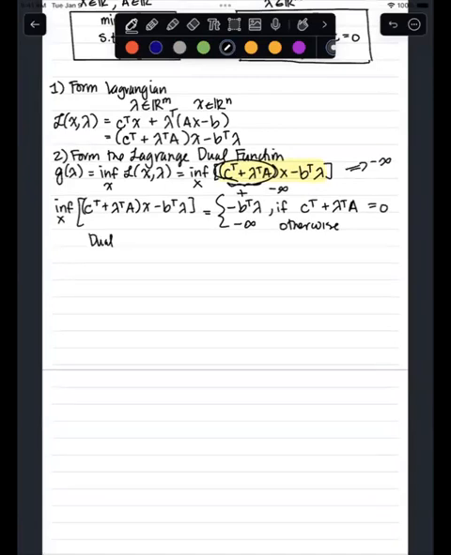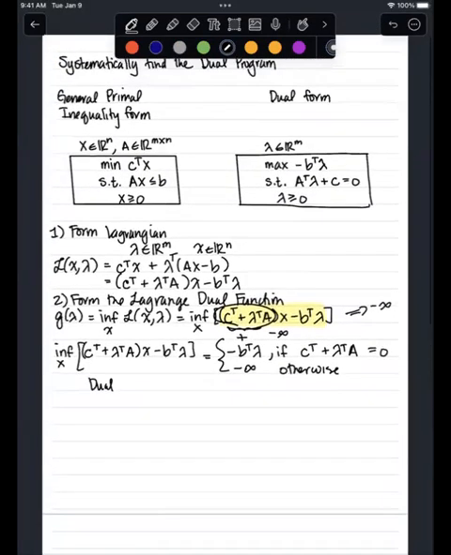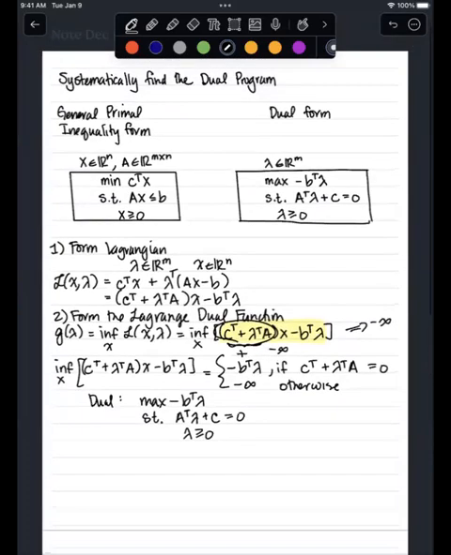And the dual program is max of negative b transpose lambda such that, after reorganizing the constraints, we get A transpose lambda plus c equals 0, lambda greater than or equal to 0, which matches this one here.